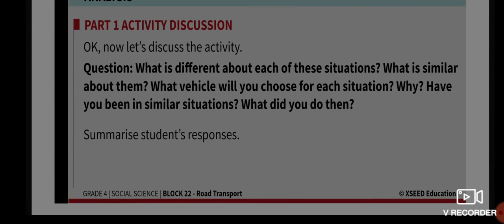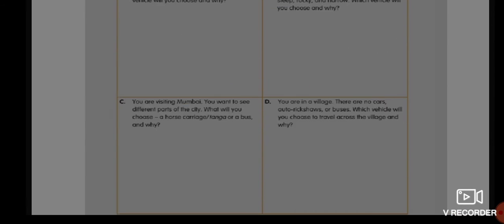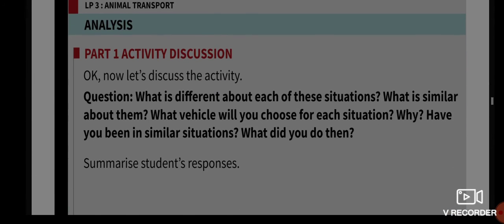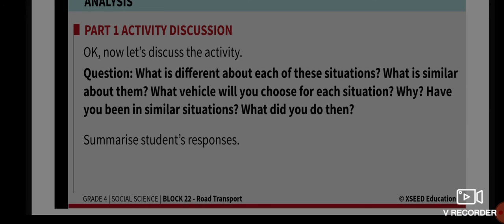Now, what is different about each of these situations? There are A, B, C, D. What is different about each of these situations and what is similar about them? What vehicles will you choose for each situation and why? Have you been in a similar situation like the ones given, A, B, C, D?